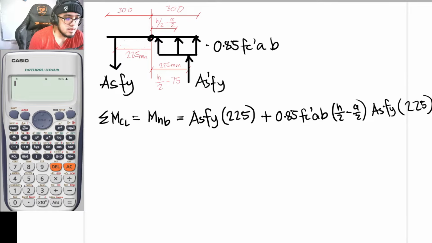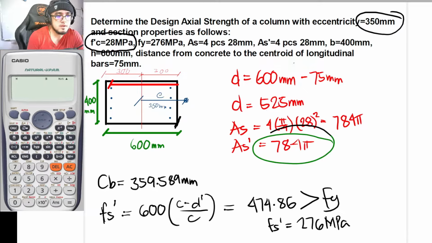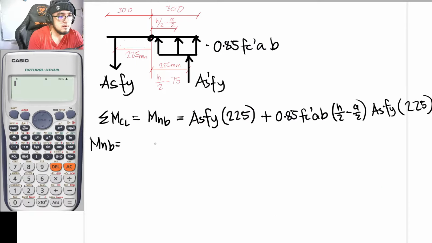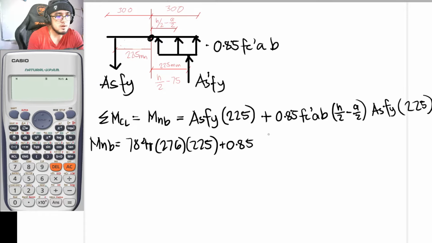Okay, so with that, substituting all known values, for our M_nb, that is now to be equal to A_s f_y. So what is to be our A_s once again? That is to be 784 pi. So 784 pi times 276 times 225 plus 0.85 times what is to be our f_c', that is to be 28.